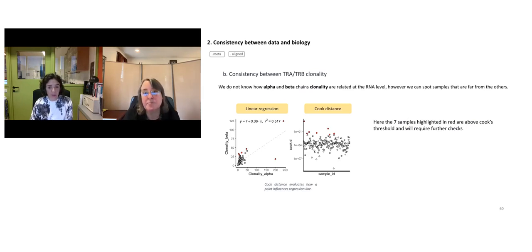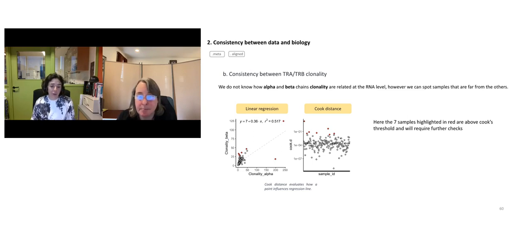To continue on this, what is not clear for TCRs and BCRs is the ratio between both chains' expression at the RNA level. At least for the TCR, we already showed in a previous study that the alpha chain is sometimes less expressed than the beta chain, but it's nothing really clear, and it may depend on the activation status of the cells.